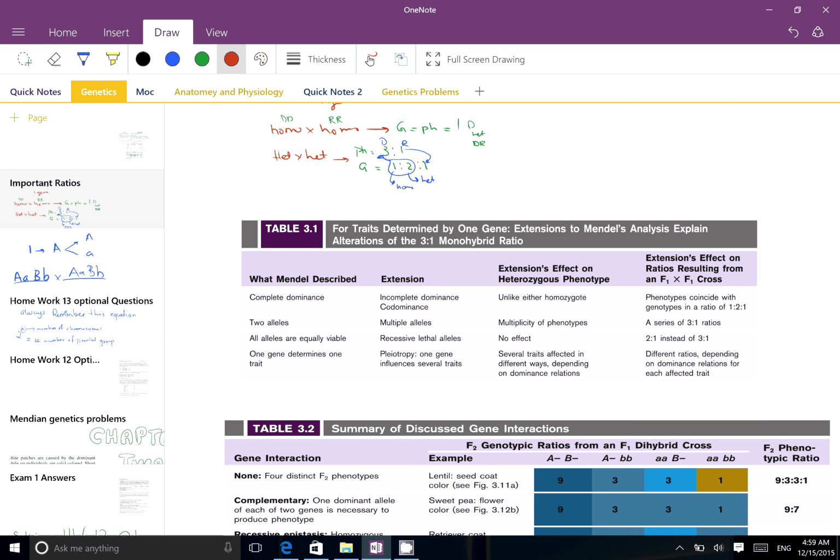And then what if you have het times homozygous? You can have 2 cases. The homozygote can be recessive, or it could be dominant. If it is recessive, the ratio would be 1 to 1.